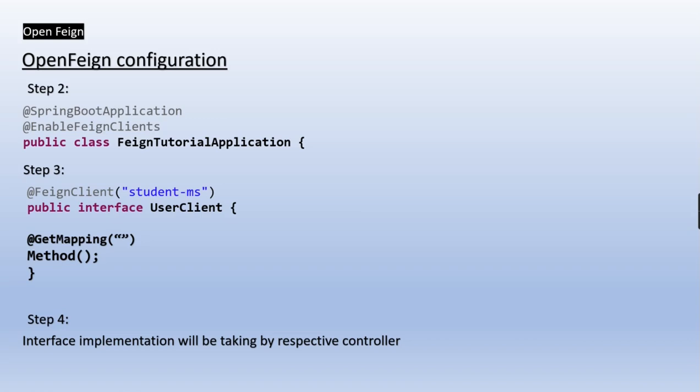So for that we need to write @FeignClient, and here we define which server-side service we are going to use. Here, the student microservice we defined earlier in one of the projects. So we need to define that student microservice, so that this interface will interact with server-side programming.